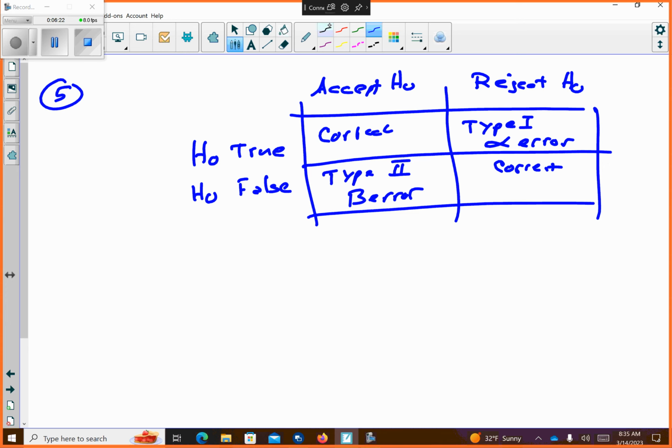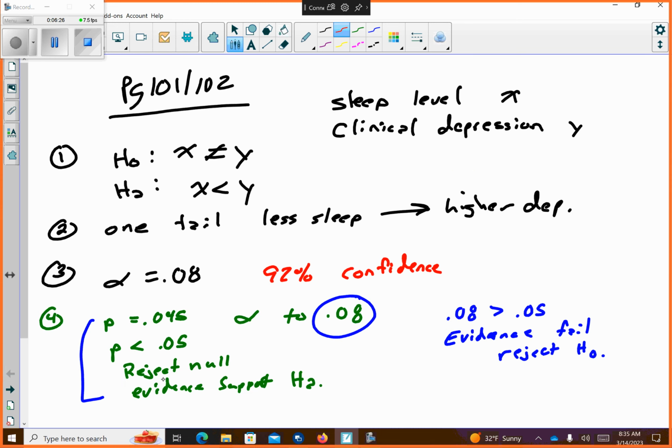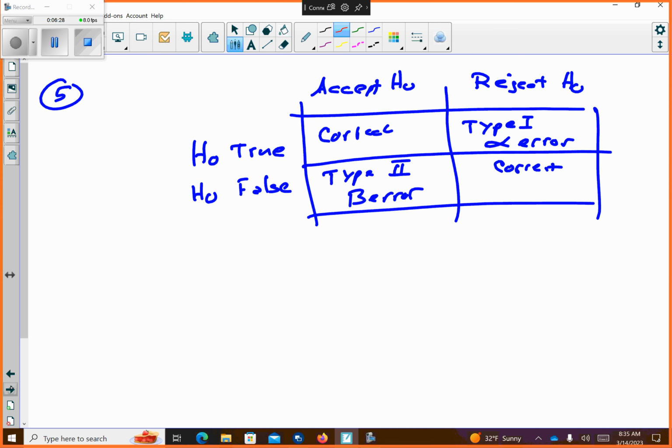Okay, so let's look back at what we had said originally on this problem. We said we reject the null. So this is a reject the null right here. So then we're going to reject this. So we've made the correct decision based on our information, which seems a little goofy.